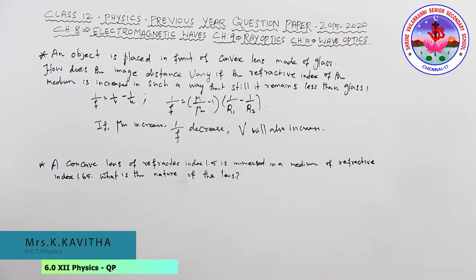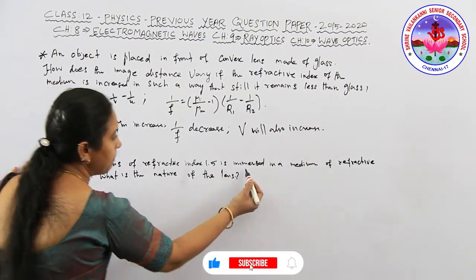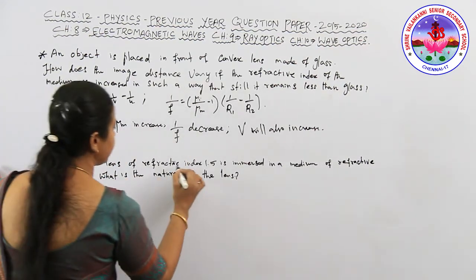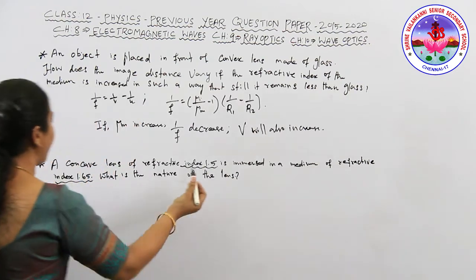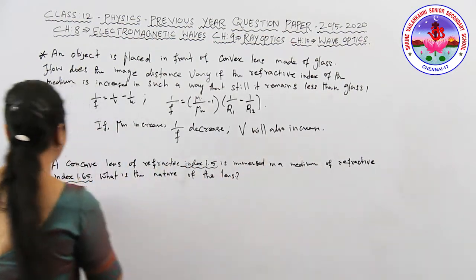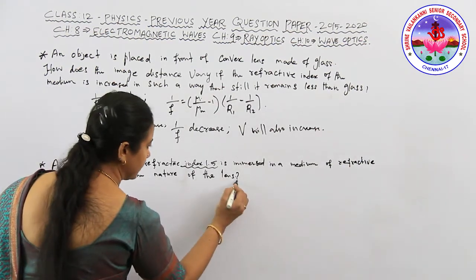The next question is: a concave lens of refractive index 1.5 is immersed in a medium of refractive index 1.65. See, the lens of 1.5 is immersed in the medium of refractive index 1.65. Then what is the nature of the lens?